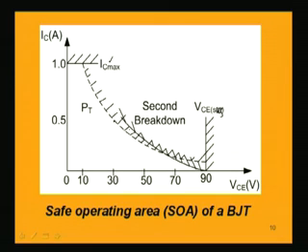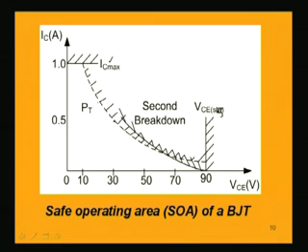So in this way, the maximum power at each point, if we draw this curve connecting all these points, we get this curve for the maximum power dissipation, which is a hyperbola.